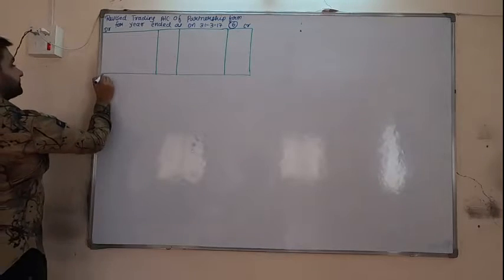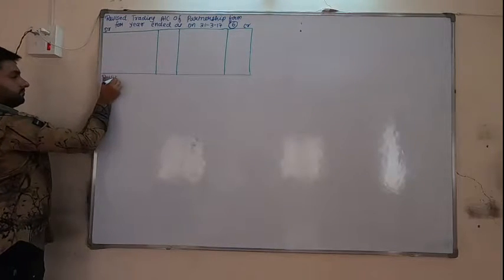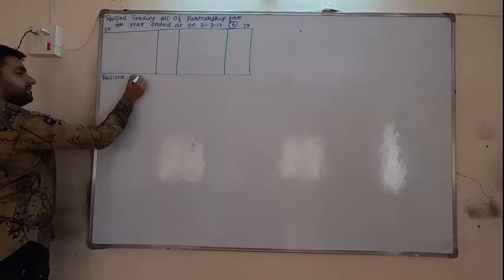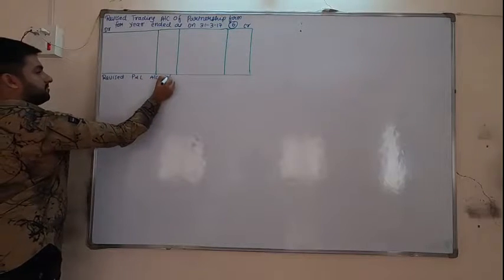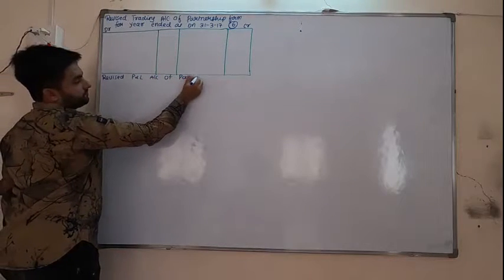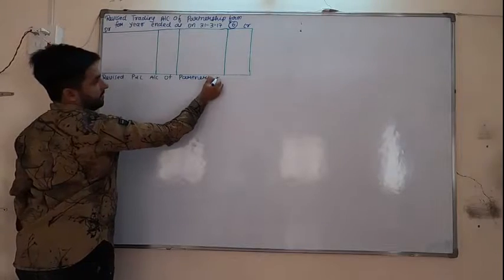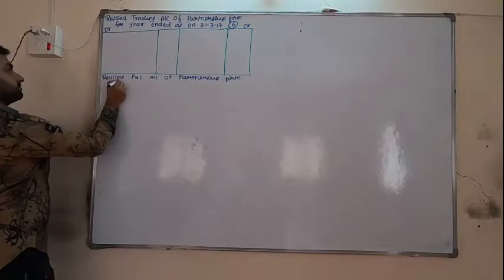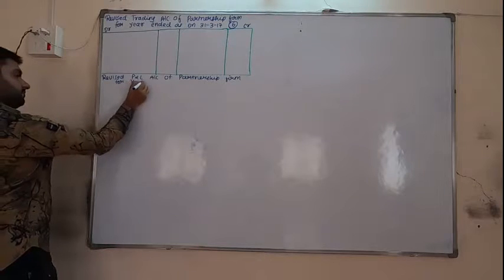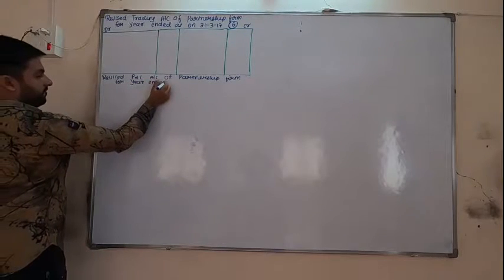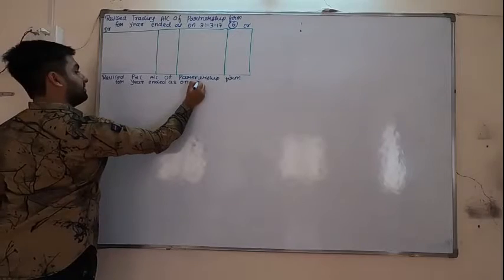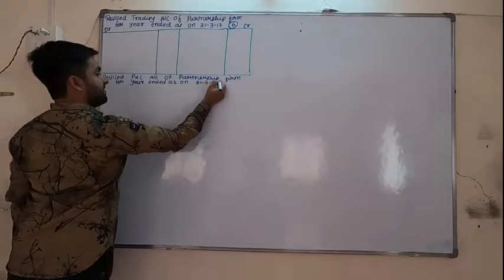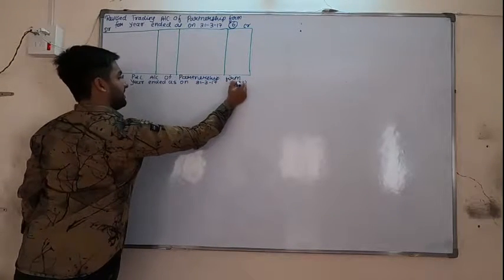After that, revised P&L account of partnership firm for the year ended on 31/3/17 will require 12 lines.